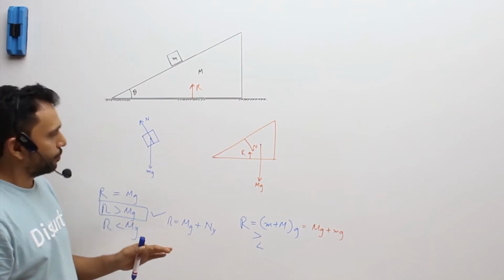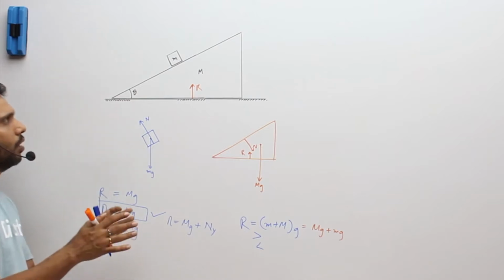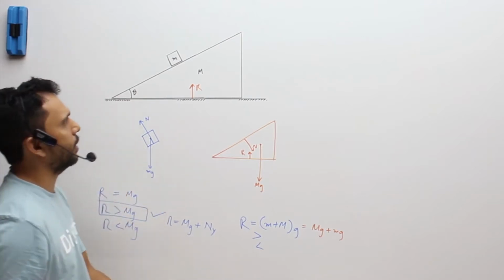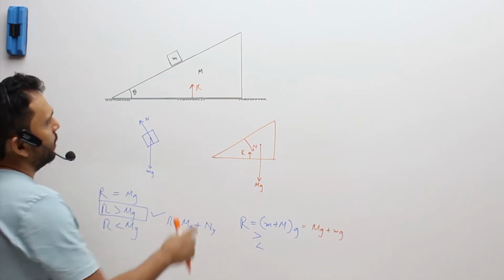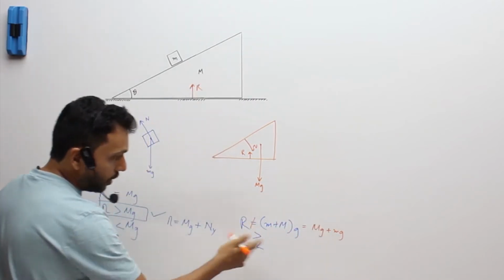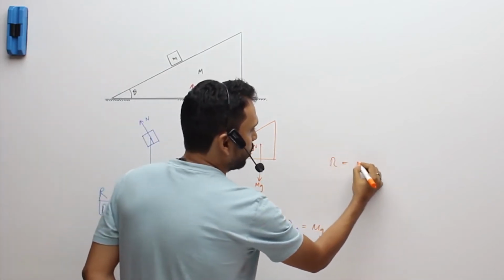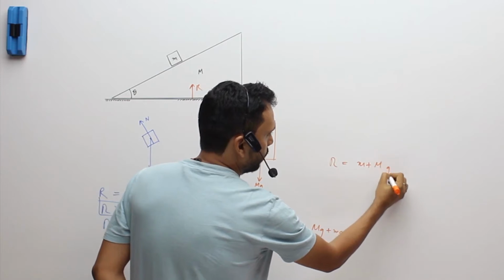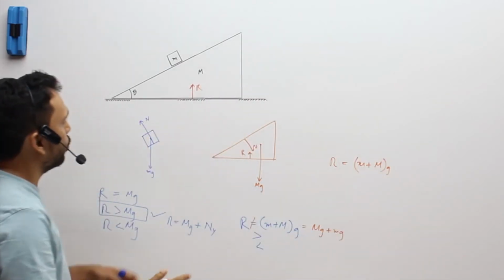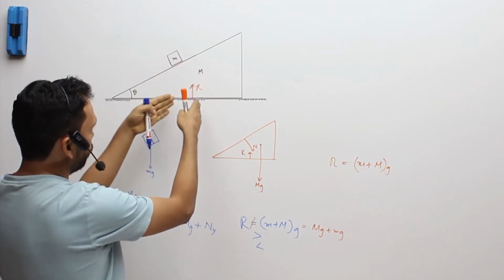Okay, let me see. The way I'm going to explain this involves a bit of understanding of center of mass. By the way, the answer is R is not equal to M plus m g. If R was equal to that, the vertical forces are Mg and mg, those are the two vertical forces.